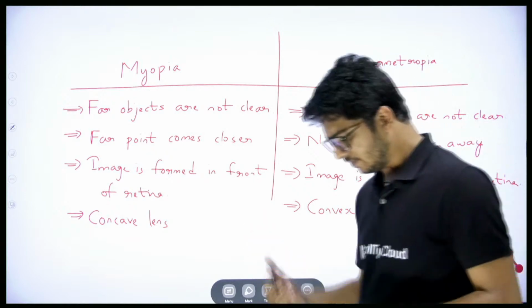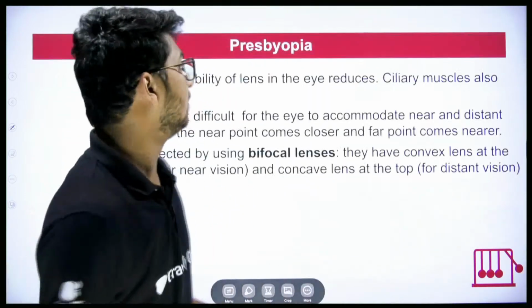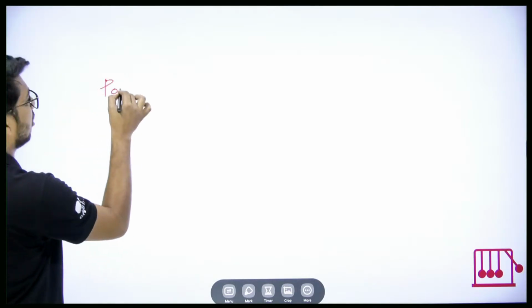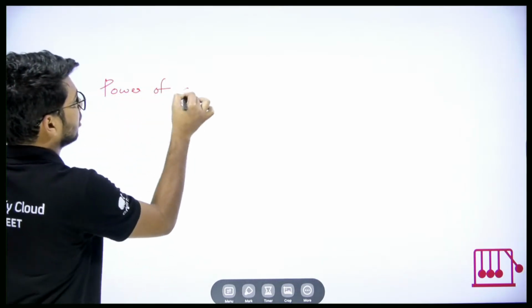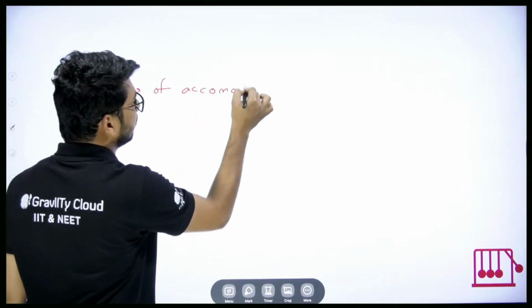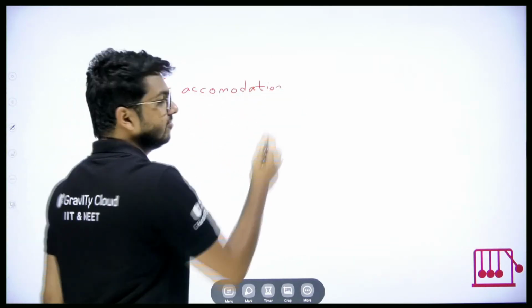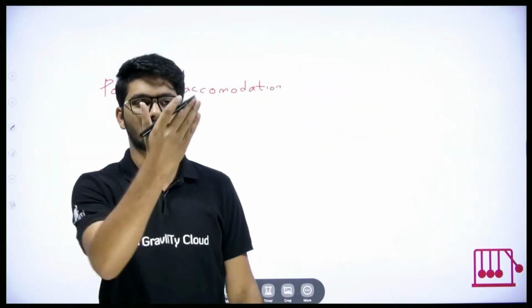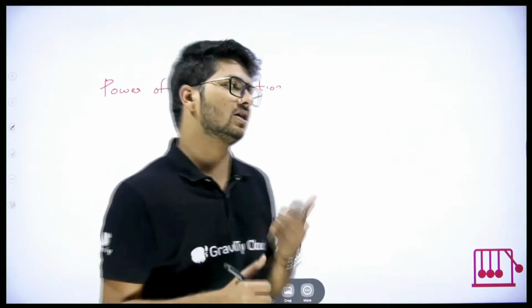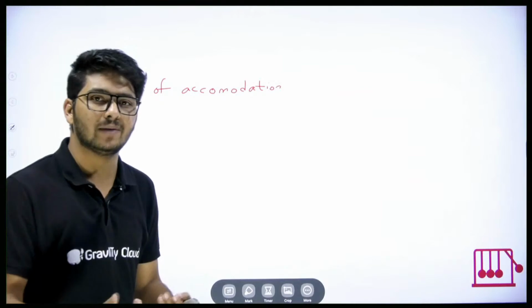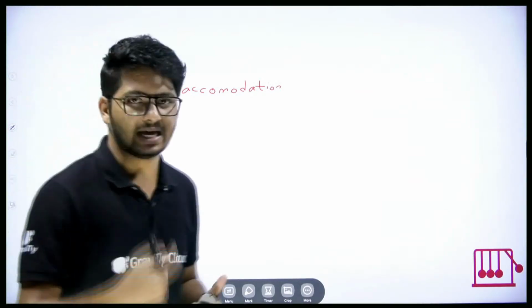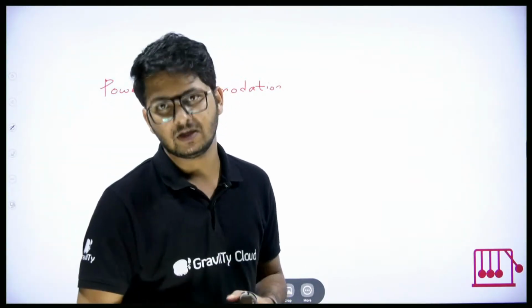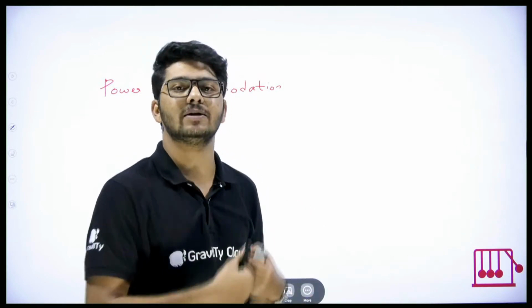Good. Now let's go into presbyopia. We have already learned about the power of accommodation, and because of this power we can easily focus on near as well as far objects. This power is enabled by the ciliary muscles as well as the eye lens because of their flexibility.